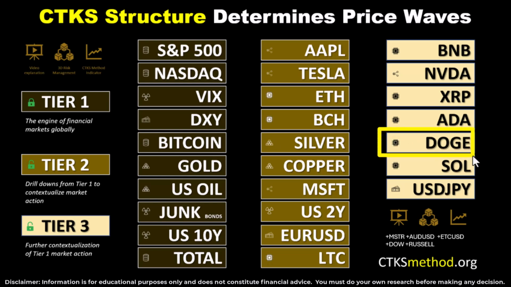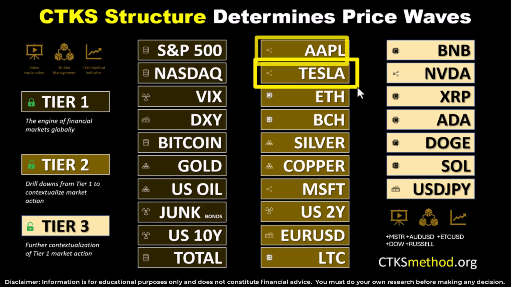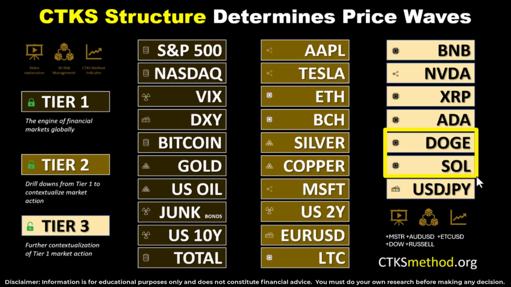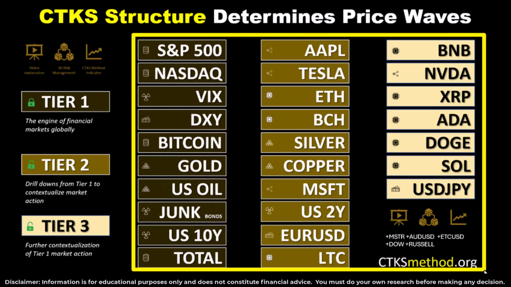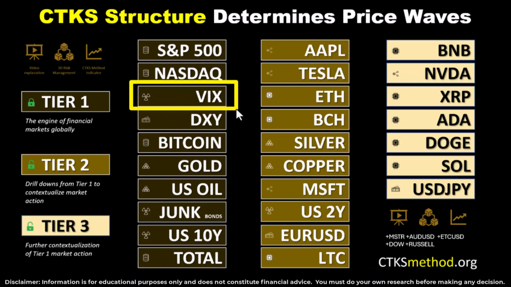For example, they might look at MicroStrategy, or Apple or Tesla or DOGE or Solana, whatever it is, even Bitcoin, but they don't understand how all the charts are intercorrelated and interconnected. Probably they'd never look at the VIX and DXY if they were trading Tesla, for example, unless they've got an institutional mindset. Our community, our global family has the institutional mindset.